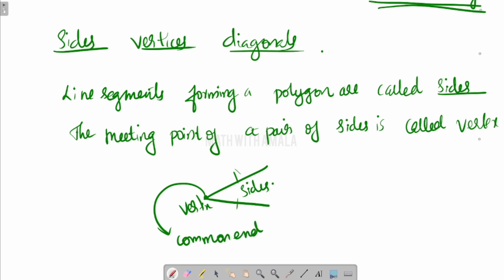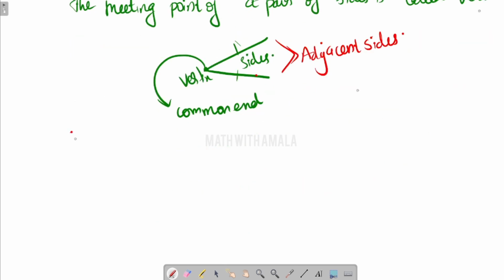Then vertex is having a common end. When the two sides which are having a common end are taken, then those sides are called adjacent sides. Their vertex will be same and sides will be different, but their vertex will be same. That means their initial point may be same. So these kind of sides are called adjacent sides, which are placed nearby.